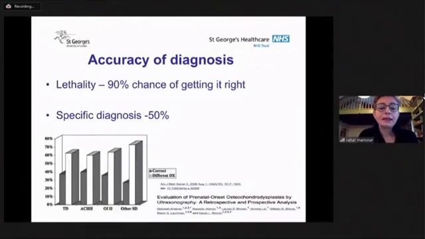But if you're talking about the specific diagnosis, exactly what is it, actually, we're not so very good antenatally. Our accuracy is only 50%. And it is important because some of these are recessive and some of them are new dominant and very, very unlikely to happen again. So hugely helpful information. So you're very good at picking up lethality, but not so good at saying what it is.